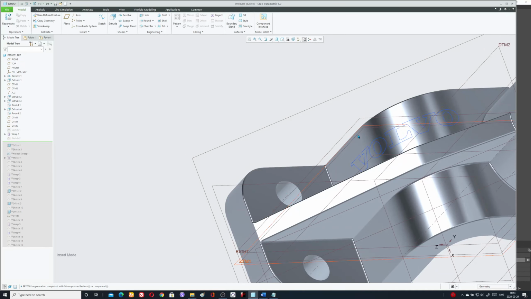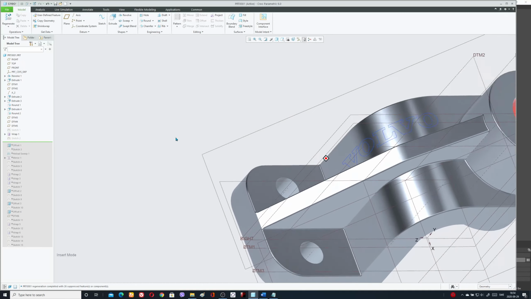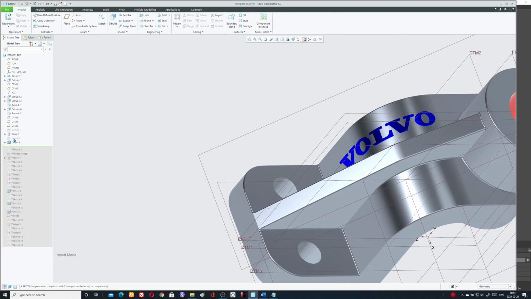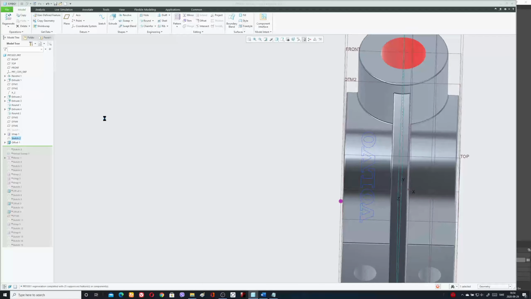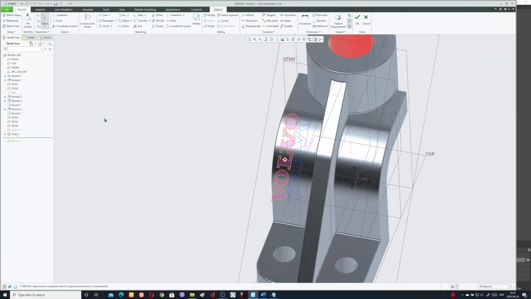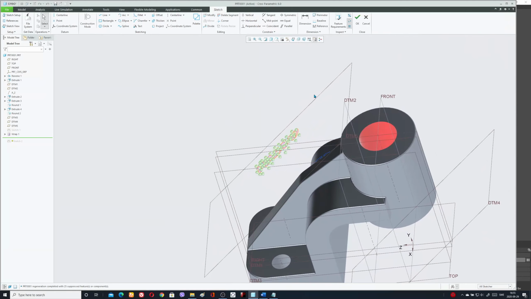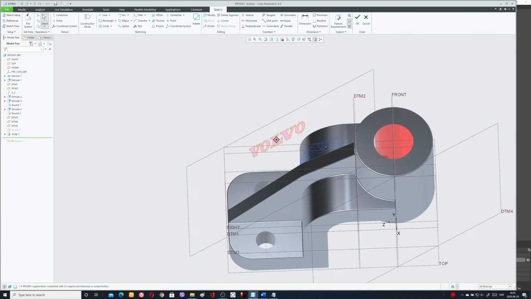So after that, when you are wrapping this text, you must project this one here from this here.